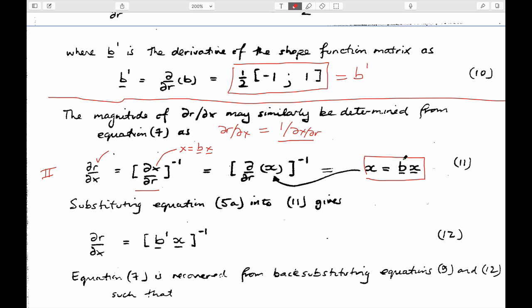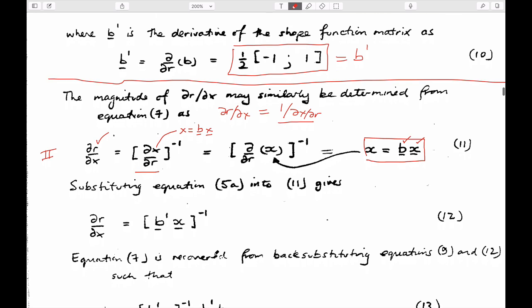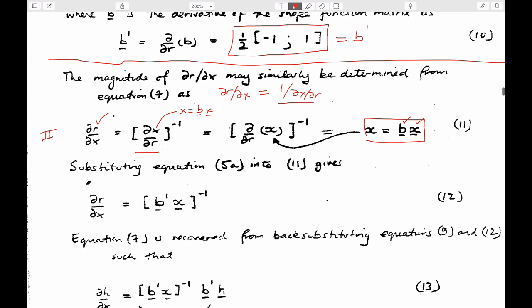We know what the shape function is, we know what the nodes are in terms of their coordinates, and we could substitute those. And so in matrix form, we can write the expression like this.